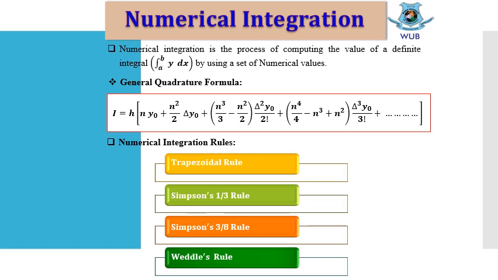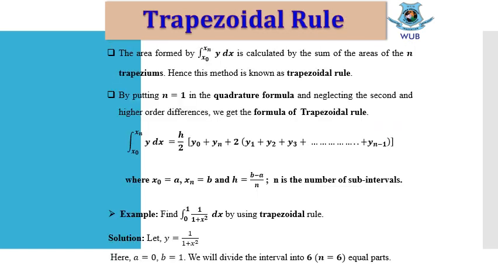We can solve all these methods one by one, and in this lecture we only solve the first two, that is the trapezoidal rule and Simpson's one-third rule. Okay, now go to our next slide.